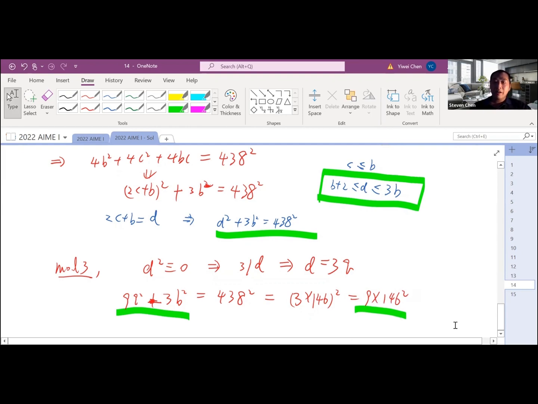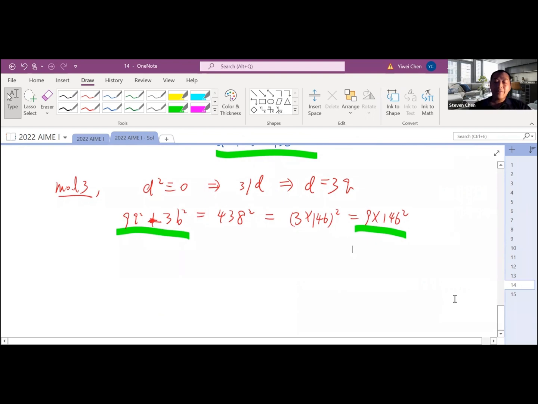The first term on the left-hand side is a multiple of 9. So it requires the second term on the left-hand side, 3b squared, to be a multiple of 9. That implies that b squared has to be a multiple of 3. That further implies that b has to be a multiple of 3.